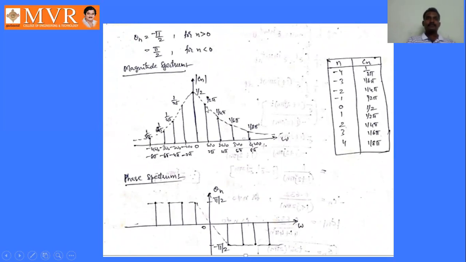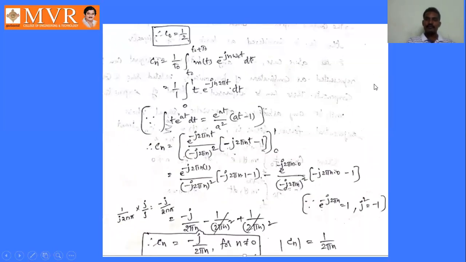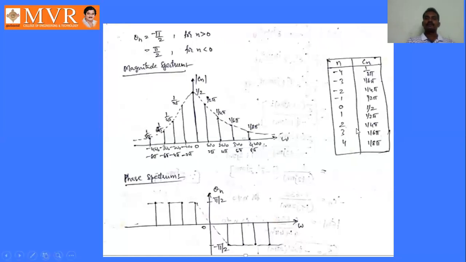Next we have to draw the magnitude spectrum as well as the phase spectrum. How to draw the magnitude spectrum? Cn versus omega, with the n values like this. Cn is 1 by 2 pi n. Substituting the n values, if n is minus 4, mod Cn is 1 by 8 pi.